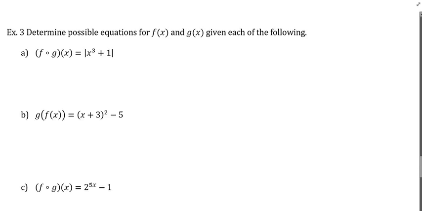Okay, last example. This is actually pretty easy.